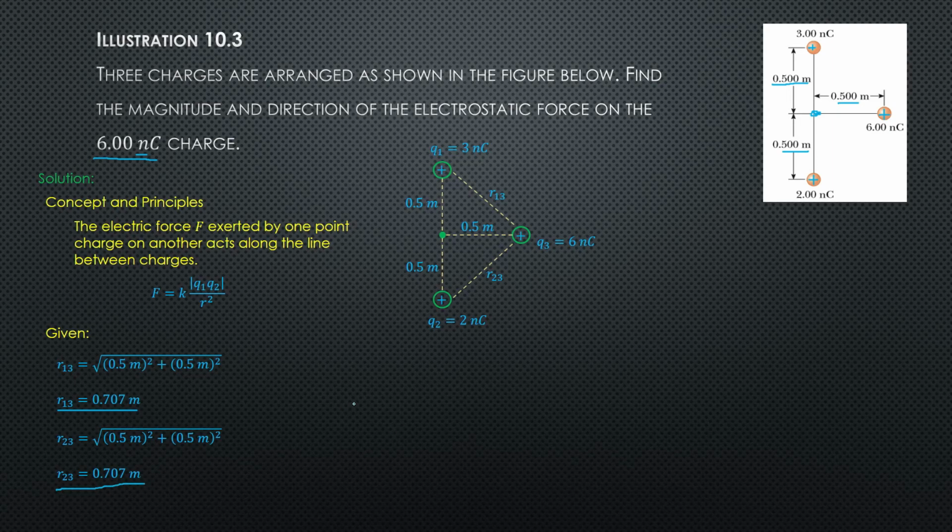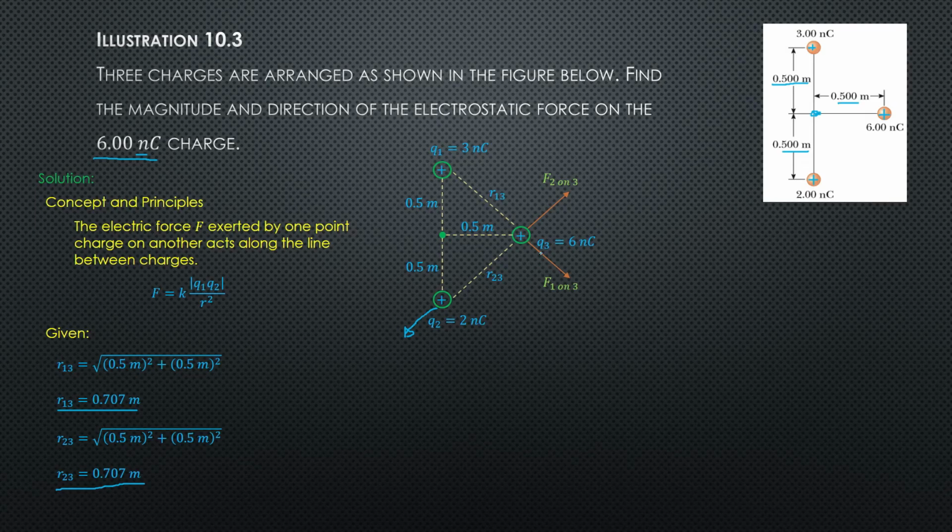Now what else do we need? Forces. The force on charge 3 by charge 2 acts along this straight line. Positive, positive, so they repel. Similarly, there's also a force here, which is equivalent in magnitude to this force but differs in direction.